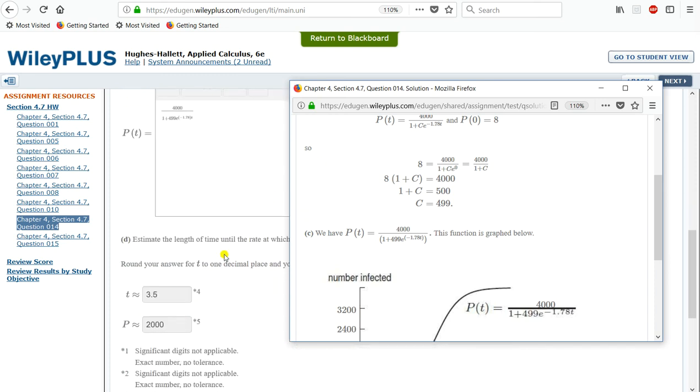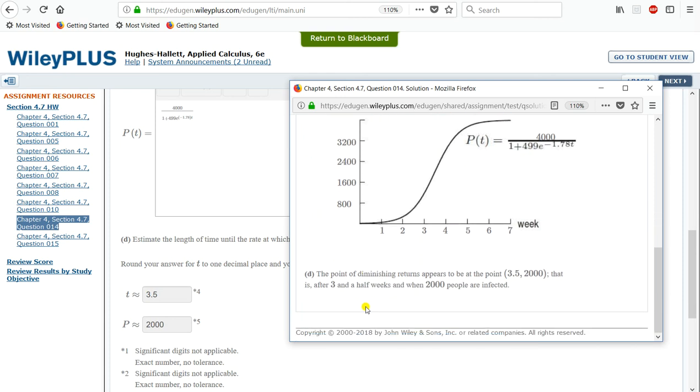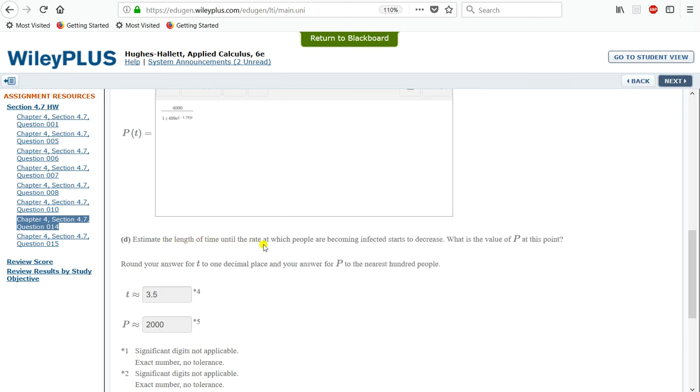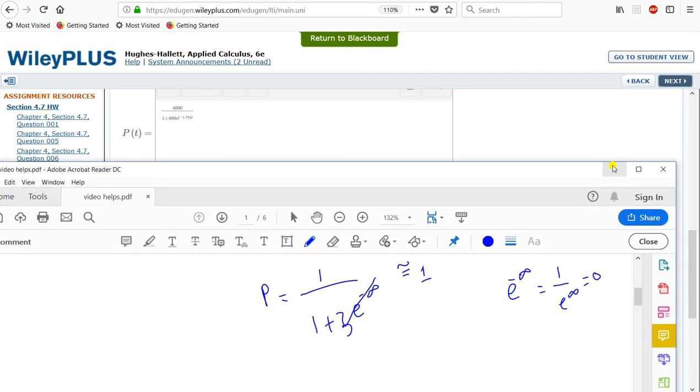And then part D: estimate the length of time until the rate at which people are becoming infected starts to decrease. So it starts to decrease when it has reached the highest point, or the inflection point, and from there it starts to decrease. So you are looking for the point of diminishing returns, or the inflection point.